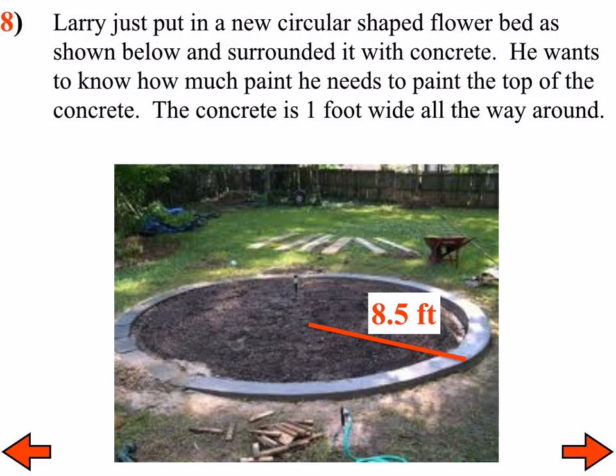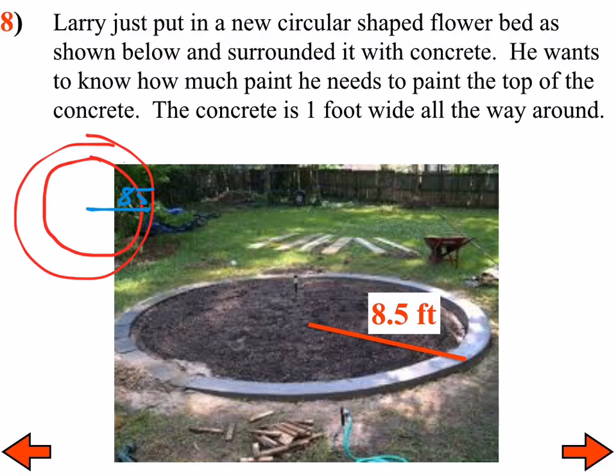So basically what we have here, and it's a little harder to see from the picture that's there, but you basically have an outside circle, and you're cutting out of that an inside circle. The outside circle has a radius of 8.5, and that concrete right there is 1 foot wide.